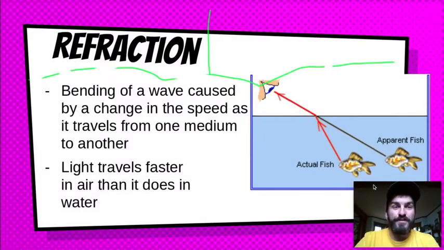Refraction is another property that sound waves or light waves can have. It is the bending of light caused by a wave traveling through a different medium. In this image, you have the human eye, and we're talking about light, and we're looking at a fish. When you look at the water and you see a fish in a body of water, the fish appears higher than the actual fish.